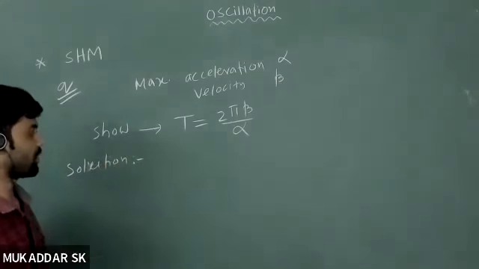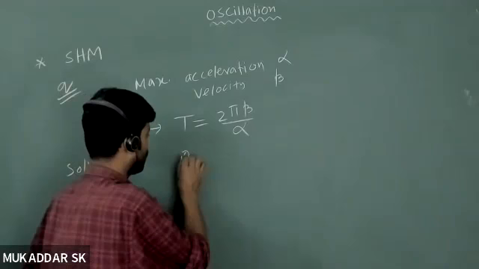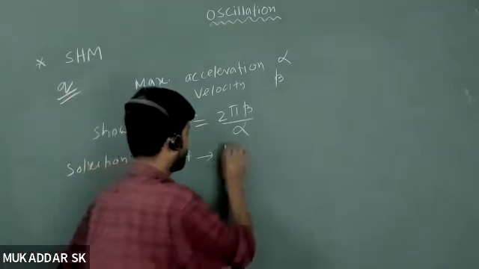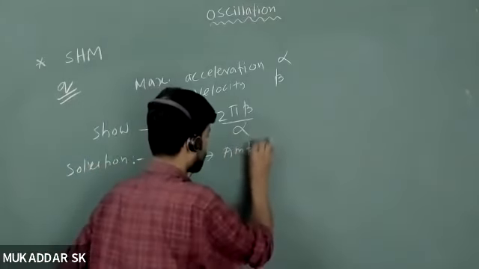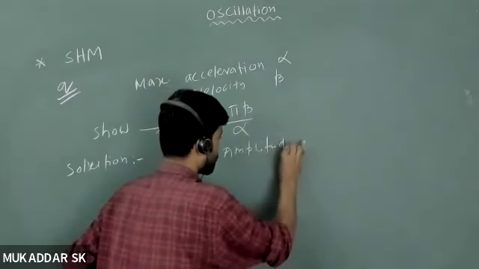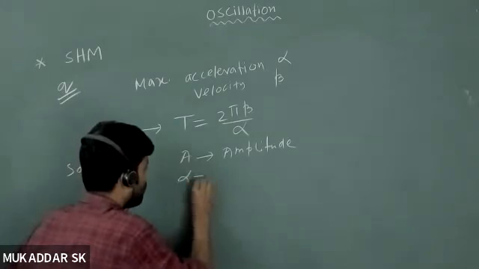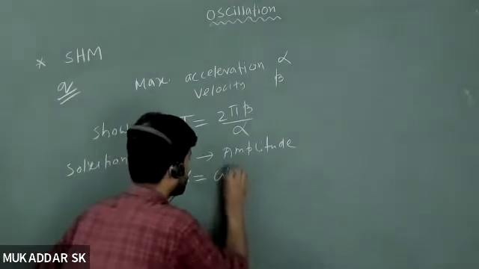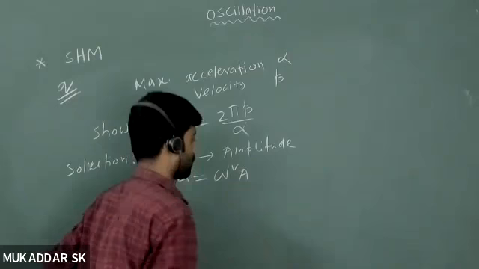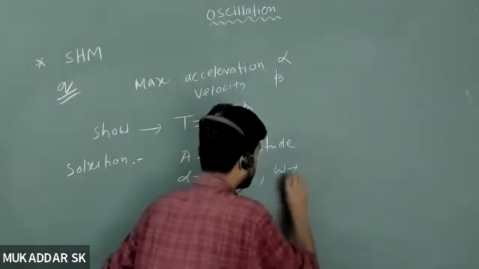You know maximum acceleration. Let us assume A is the amplitude. So maximum acceleration will be omega square A, where omega is the angular frequency.